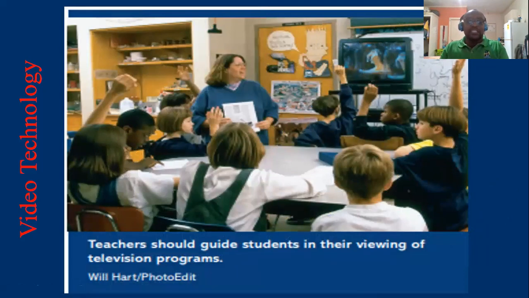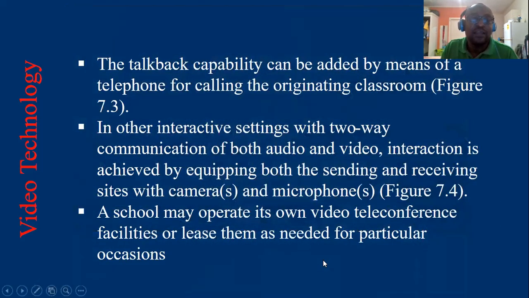Okay, so you can see here, teachers should guide students in their viewing of television programs so that they only view things that may be necessary for that particular lesson. Okay, so the talkback capability can be added by means of telephone for calling the originating classroom, as we will see later on.